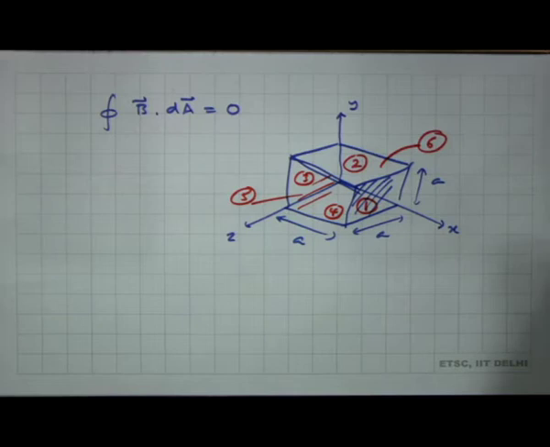So, what I need to do is to calculate the value of integral B dot dA over this closed surface. I will have to integrate this over all these surfaces to check whether I satisfy this equation. So, let us start with the first surface.